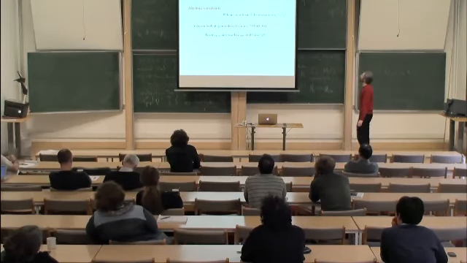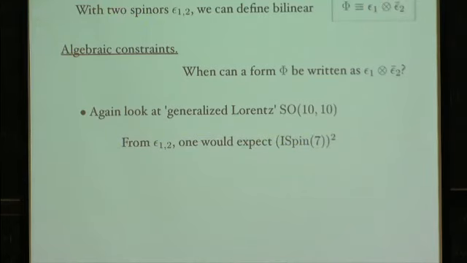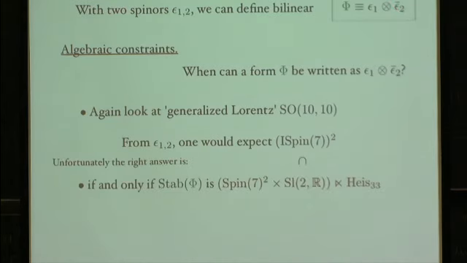Because of what we saw in the factorized case, maybe we would expect that the stabilizer should be made up of just the stabilizer of epsilon 1 and the stabilizer of epsilon 2. But that is actually not the case. The right answer is that the stabilizer should be this huge group here.